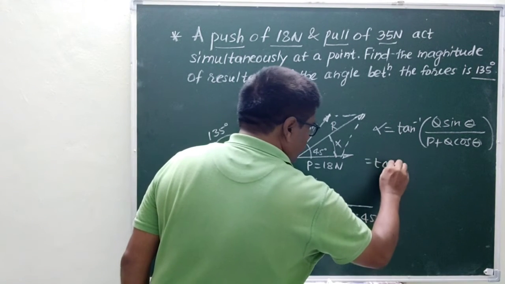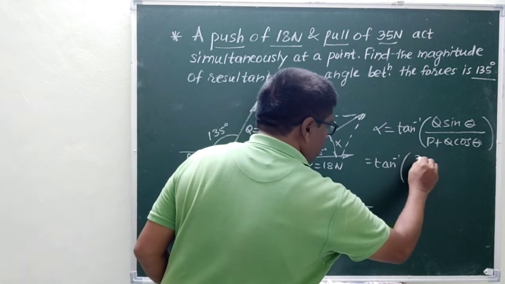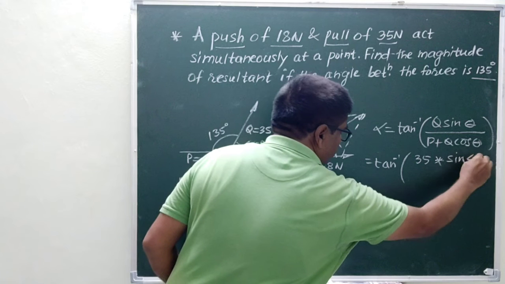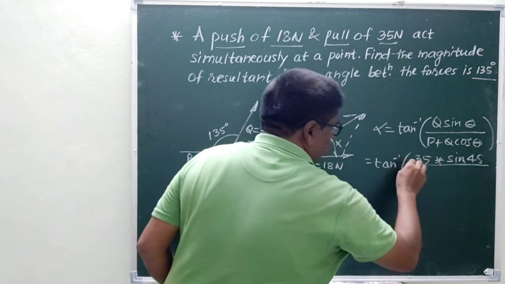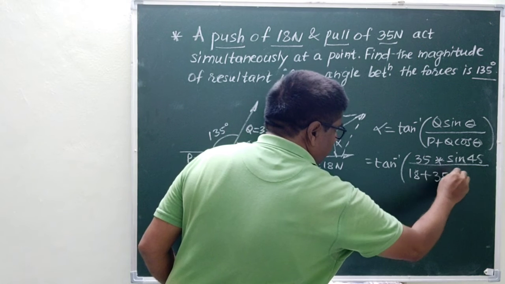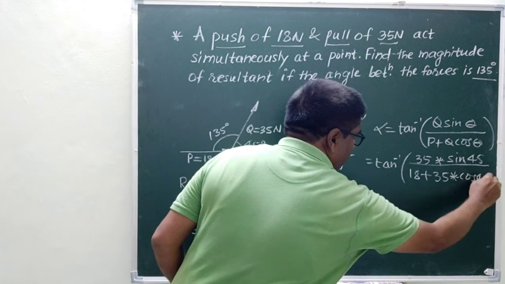Tan inverse of Q, value of Q is 35 sin 45 upon P value is 18, plus Q value is 35 into cos of 45.